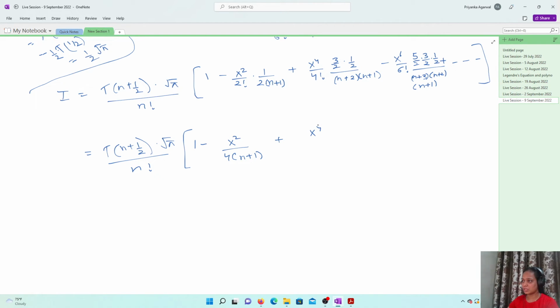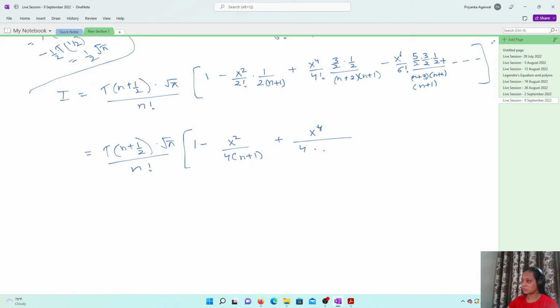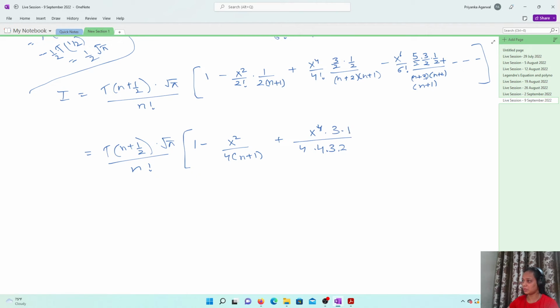So you can write it as 4 into, now this is 4 factorial. If you open this, this becomes 4 into 3 into 2 and at the top we have 3 into 1.